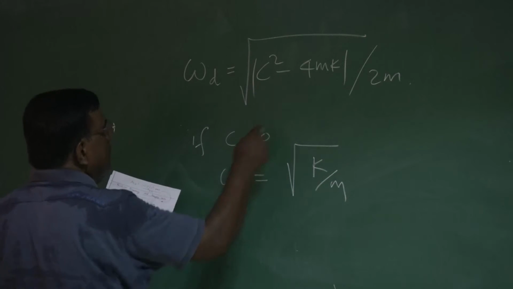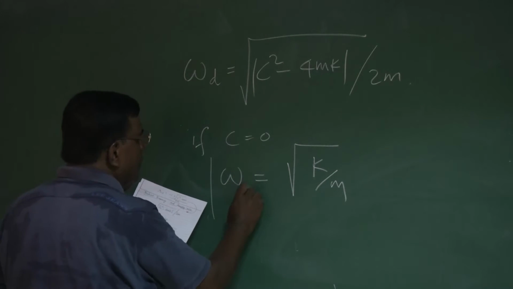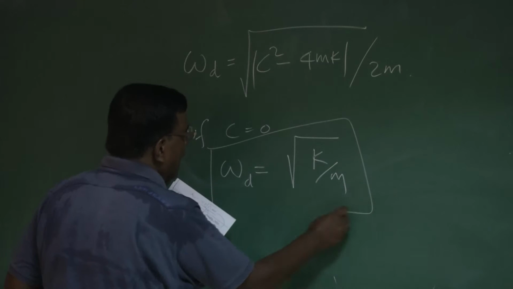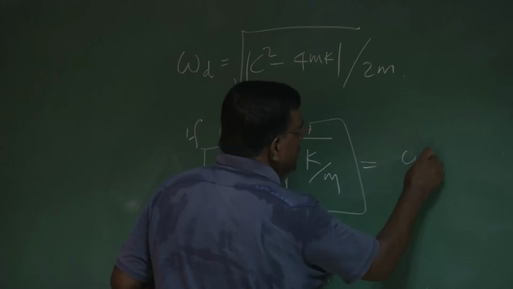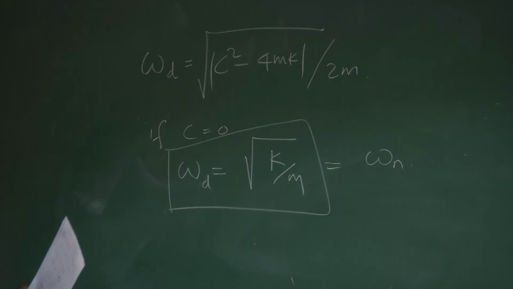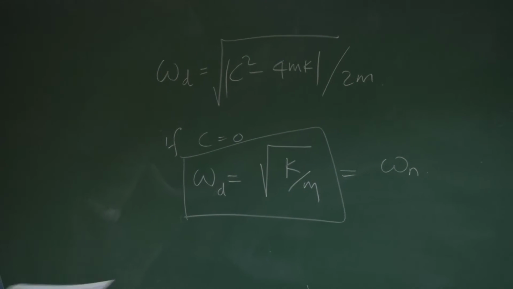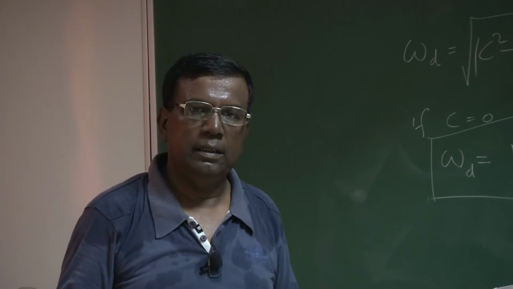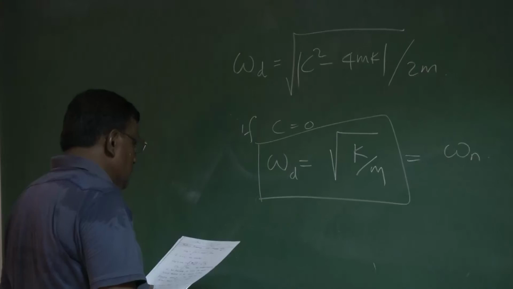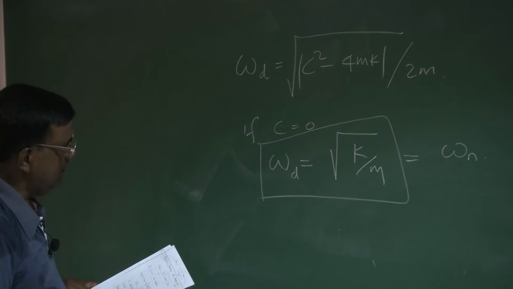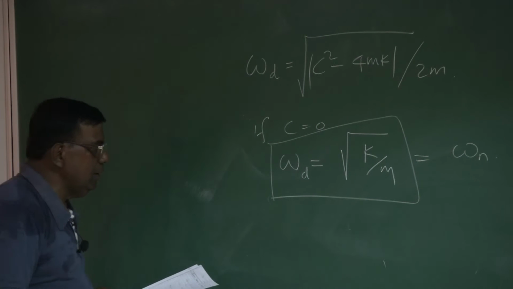If I put c equal to 0, I can show that omega d is equal to this. And this is nothing but natural frequency. So when I talk about natural frequency, I am talking about a case when there is no damping. Clear? Right?